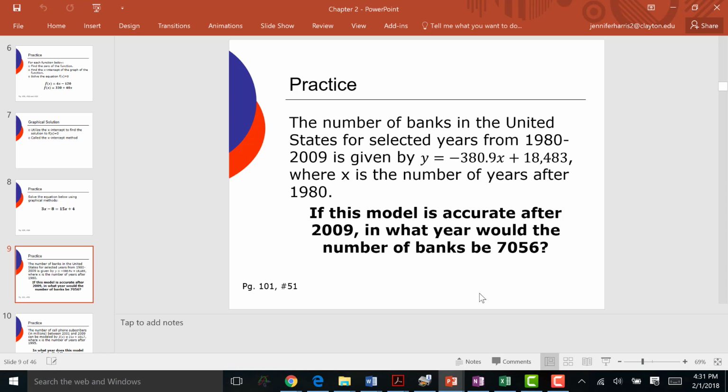Do you understand what I mean when I say you can restate your answer using the question they asked you? If you can restate it and answer properly, you're good. So here, I would write a statement: in 2010, there were 7,056 banks. There we go. We have finished that word problem completely.